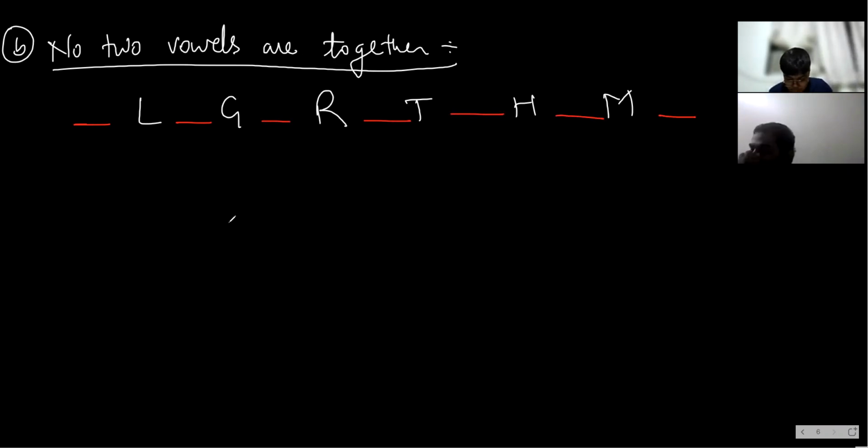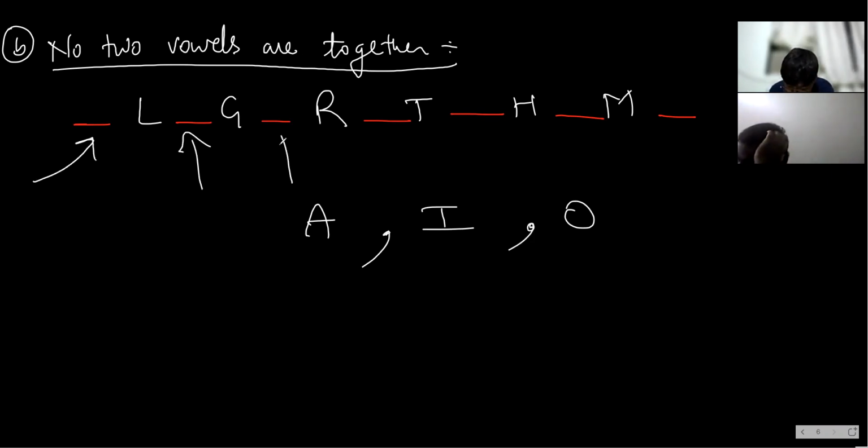There are three vowels, A, I, O. Now these three vowels can be anywhere here, anywhere in these 7 places.